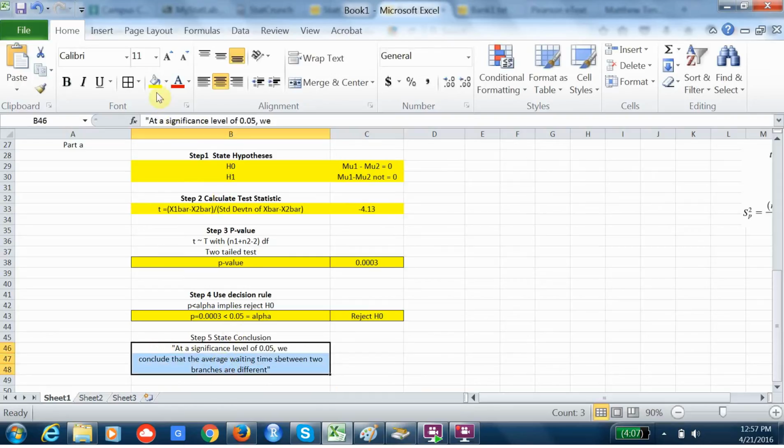And you can state this in different ways. There's not one way that you have to state it. But that's pretty much all there is for the hypothesis test part.